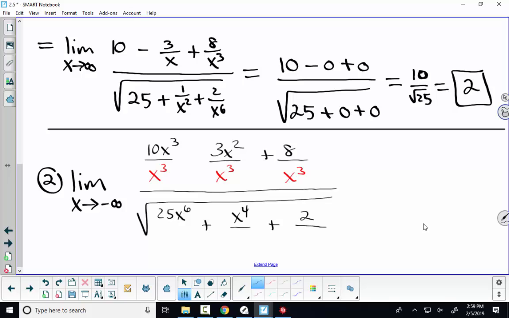Well, I didn't quite get it all, but save a little bit of writing anyways. So it's the same procedure, divide by the highest power of x in the denominator, it's x to the 6th, but here we're going to divide through by negative x cubed.